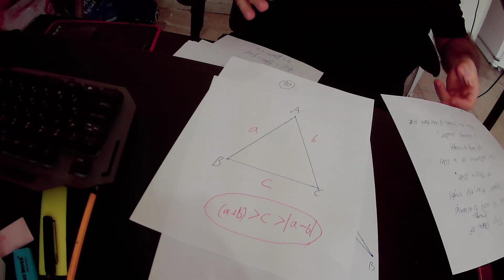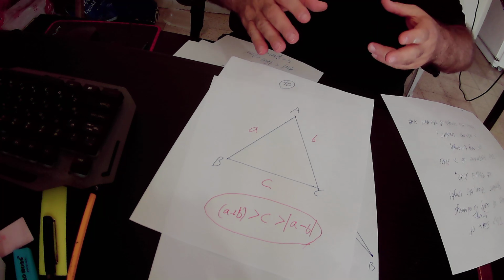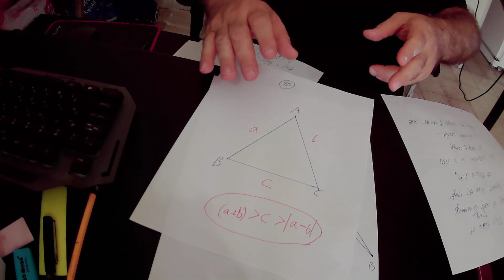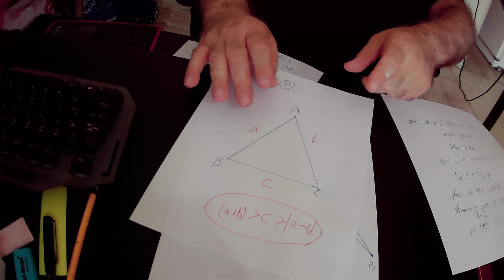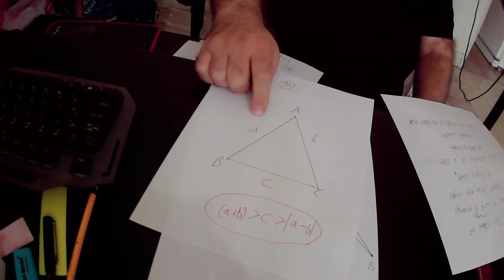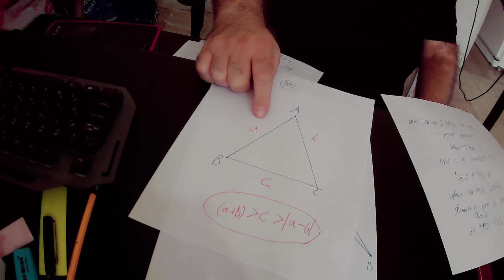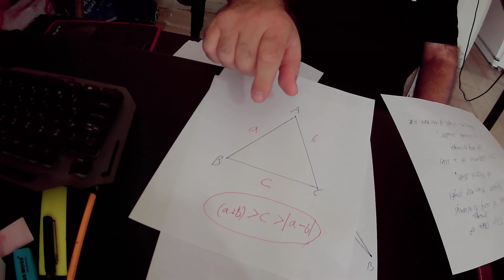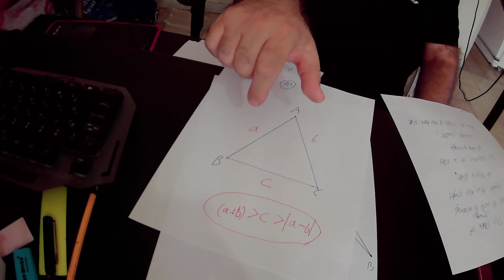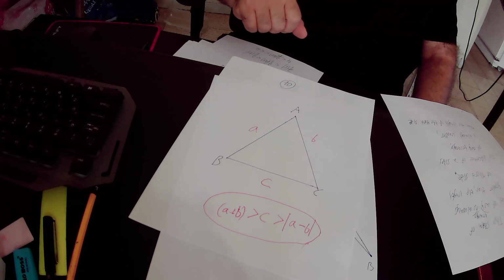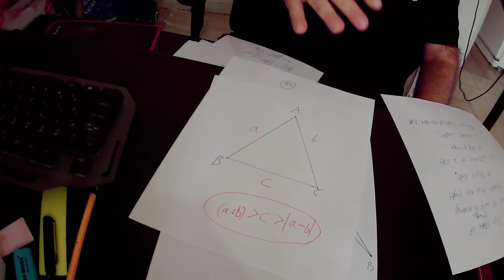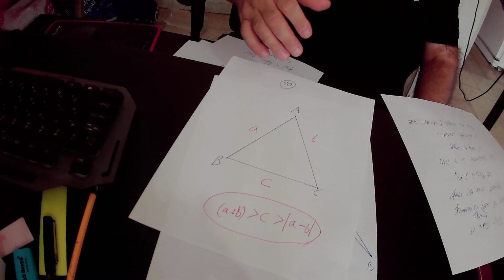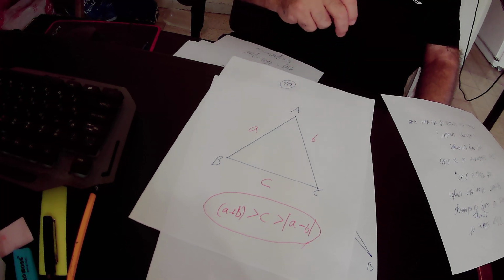So if we take A and B and take the difference between them, that is to say A minus B will always be smaller than the third side, that is to say smaller than C. Or in other words, C will be greater than the absolute value of A minus B.